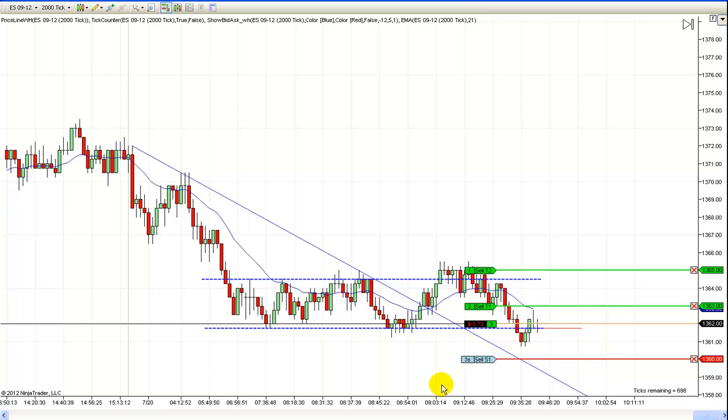The buying and the selling's really slowed down now. You can see the ticks, they're just not moving very quickly over here. There we go. There was a nice little chunk of buying.